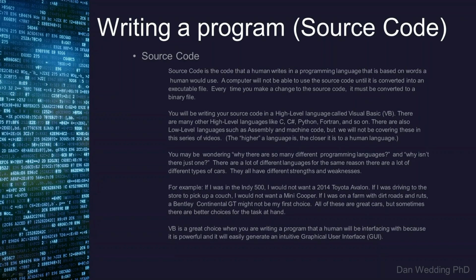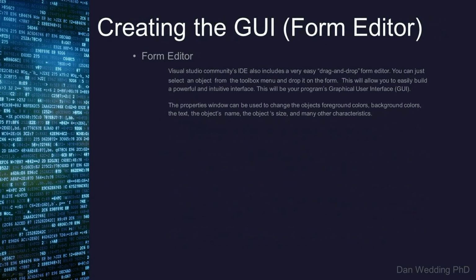VB is a great choice when you are writing a program that a human will be interfacing with, because it is powerful and very easy to generate an intuitive graphical user interface. Visual Studio Community's IDE also includes a very easy drag-and-drop form editor.